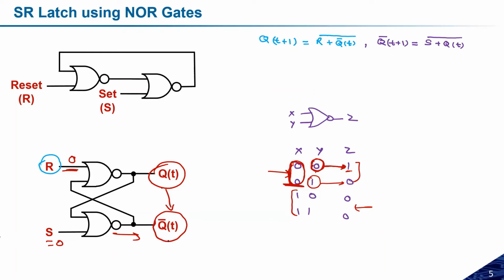And if it is the complement, Q bar(t), then the next output will be Q(t) bar bar, the bars cancel out, and you get Q(t). So initially R and S are 0, in the initial condition. You got the point? Doubt is clear? Yes, sir. Okay, fine.